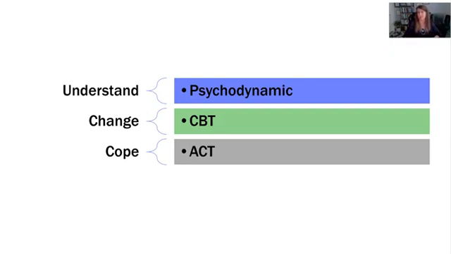Or it could also be changing your circumstances within the environment, changing a job or something like that. And then ACT is, I don't actually love the label "cope" here, but it was the best thing I could come up with, of kind of accepting things the way that they are and still being happy anyway as a result. So that's the way I personally see different contexts and categories of therapies.